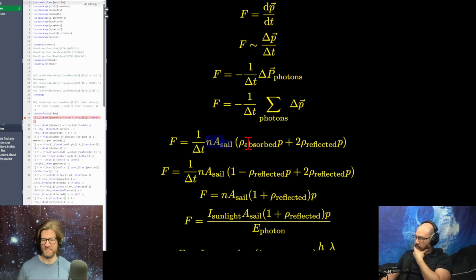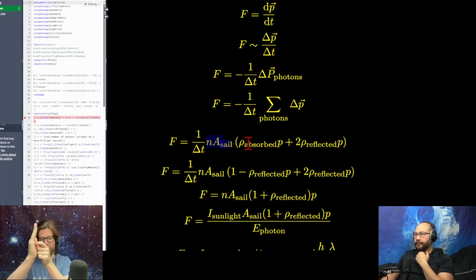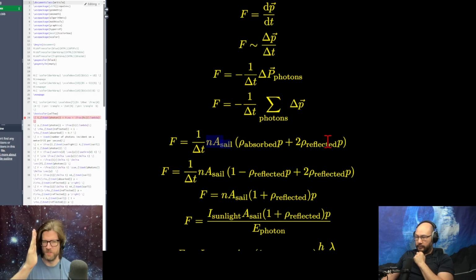The first term is a photon that comes in and is absorbed; its change in momentum is just p, its original momentum. Whereas the photon that comes in and is reflected gets 2 times the momentum change. I agree with that.